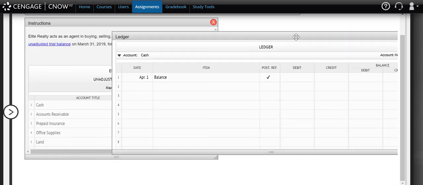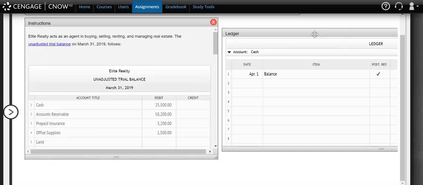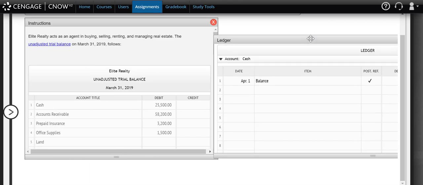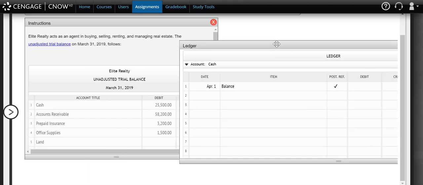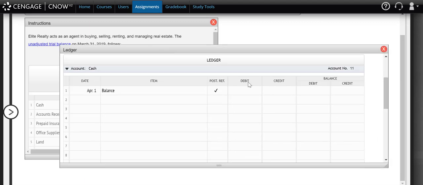And in our unadjusted trial balance, we see that cash has a debit balance of $25,500 as of March 31st. Ending balance from one month becomes our beginning balance for the next. So in the debit column, we're going to type in $25,500. We don't put anything again in that first debit and credit column because that only records transactions.